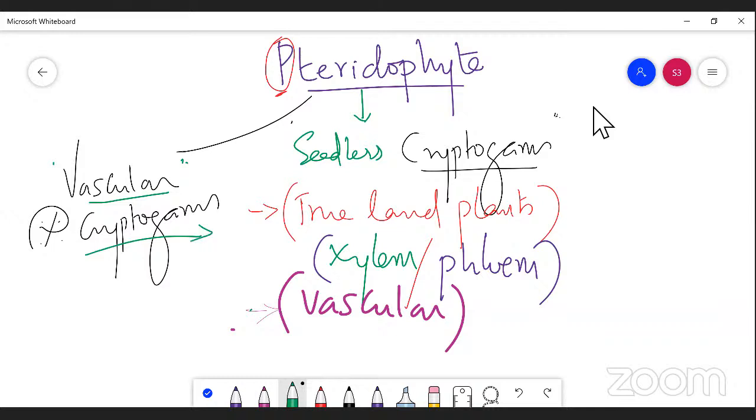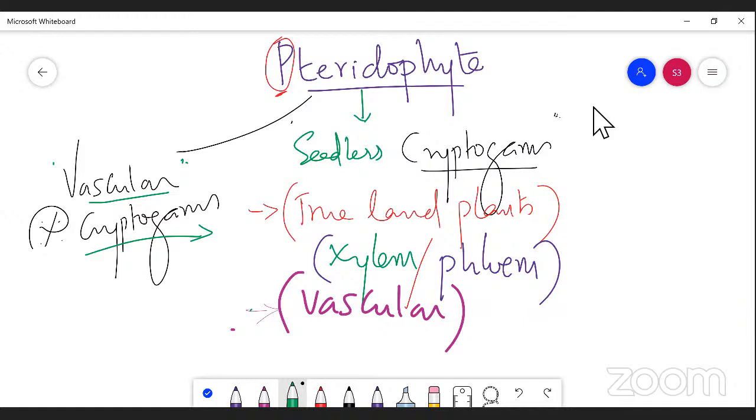It is also called seedless cryptogam because it possesses well-developed xylem and phloem, right?